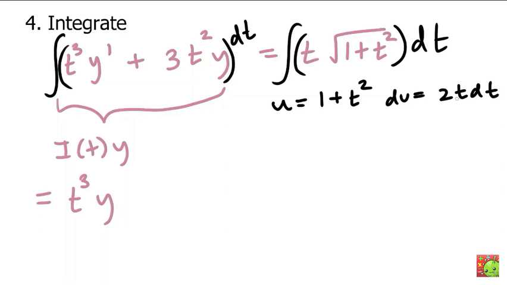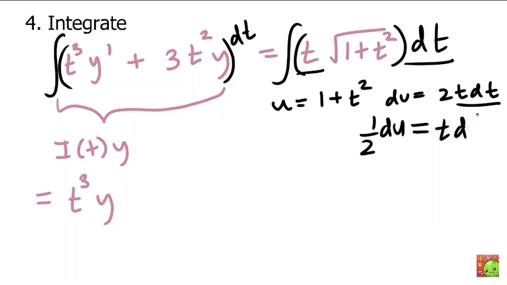We see that we have a t dt in our integral, so we can isolate this by dividing everything by 2.